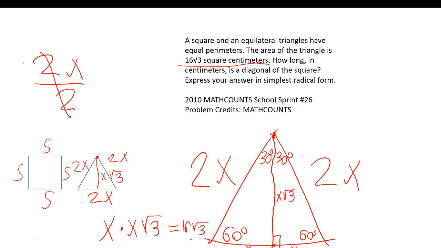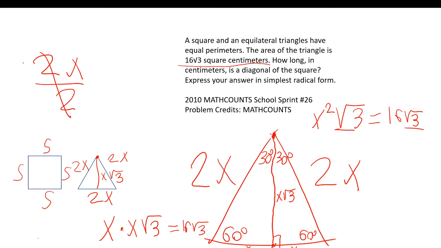The root 3 is common, so we have x squared root 3 equals 16 root 3. The root 3's are just equal. Now we have x squared equals 16. x has to be positive.